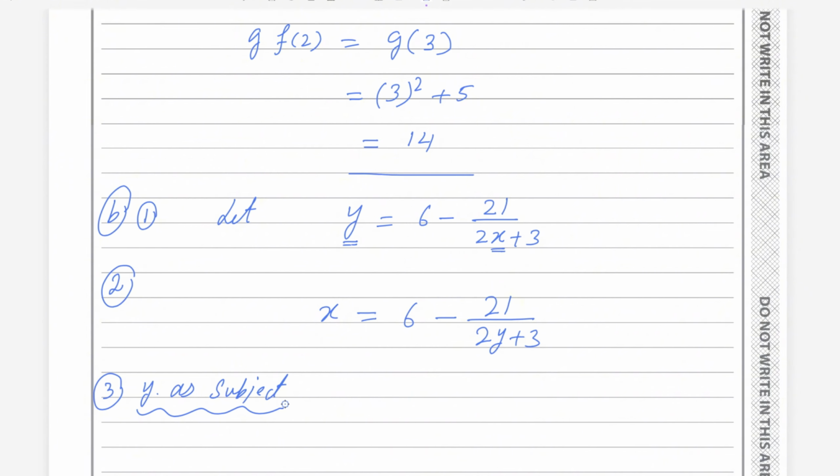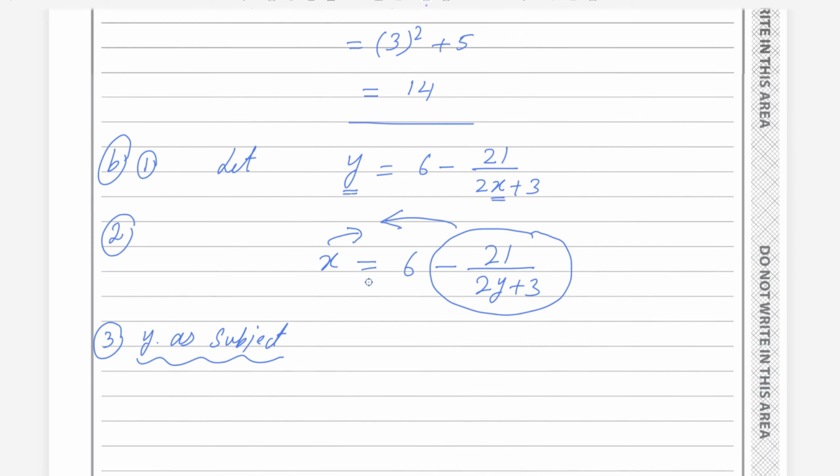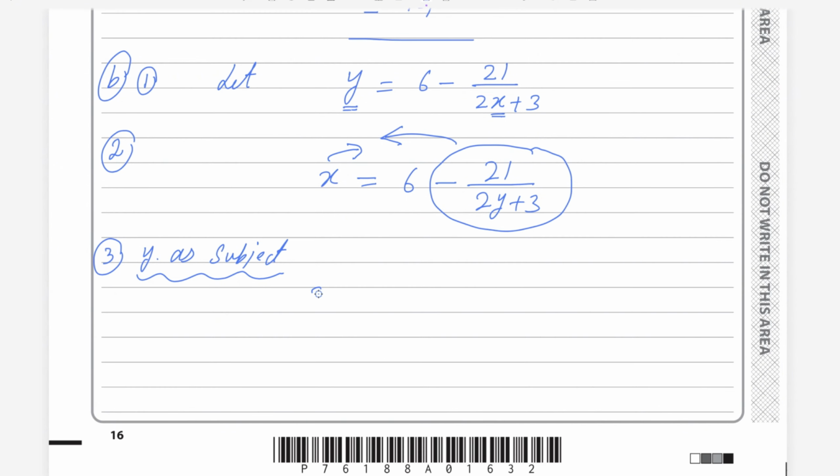How to get the y value? Because this term is negative, we move it to the left side to make it positive, and x is positive, so we take it to the right side and it becomes negative. 21 over 2y plus 3 equals 6 minus x. Now you can interchange these two because we want to get the value of y.